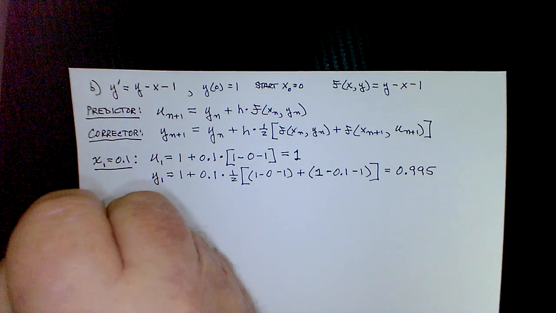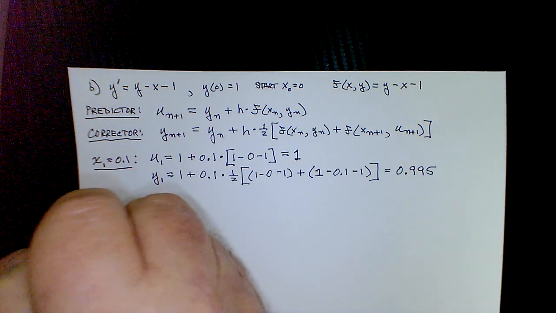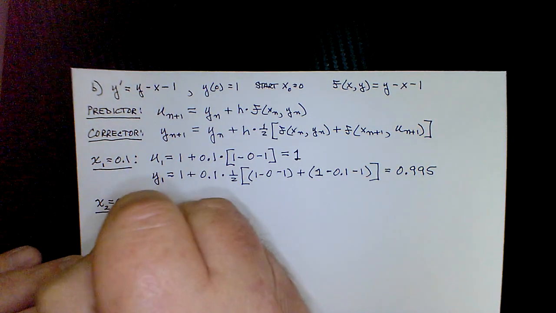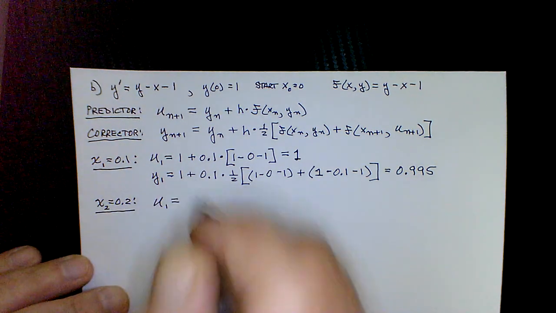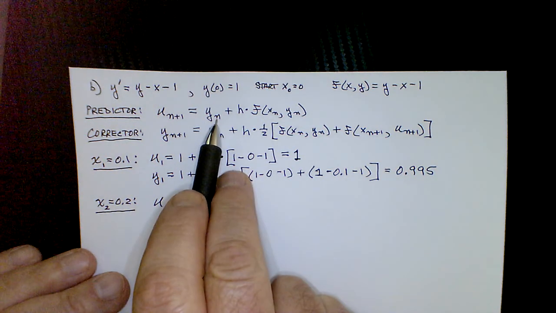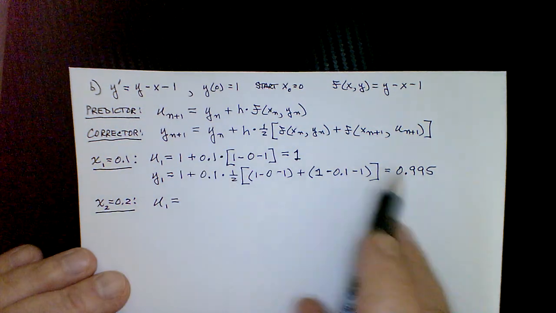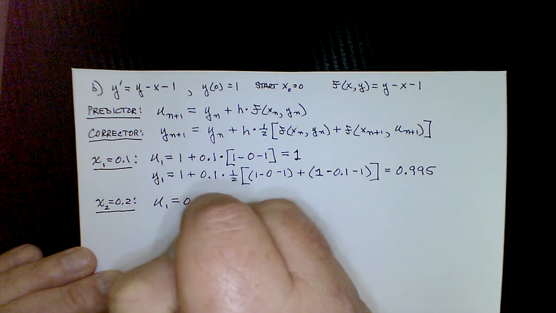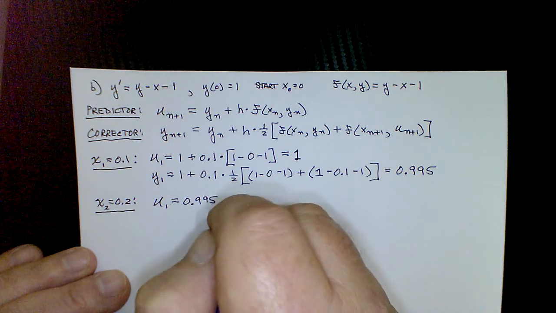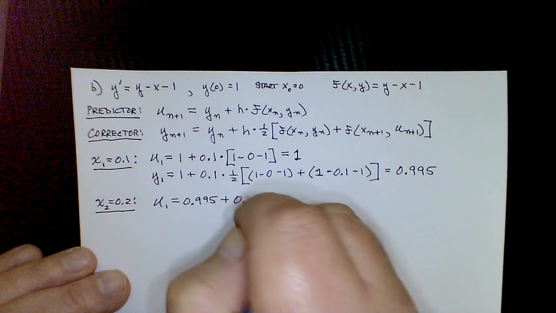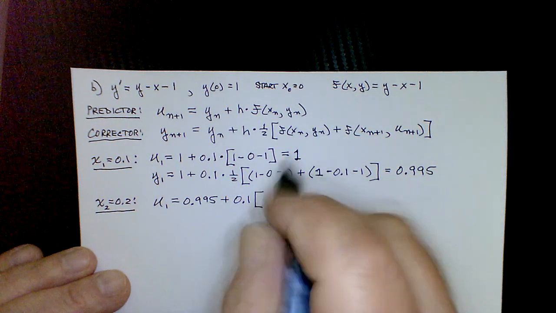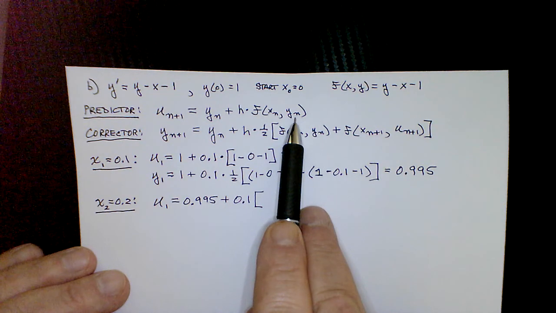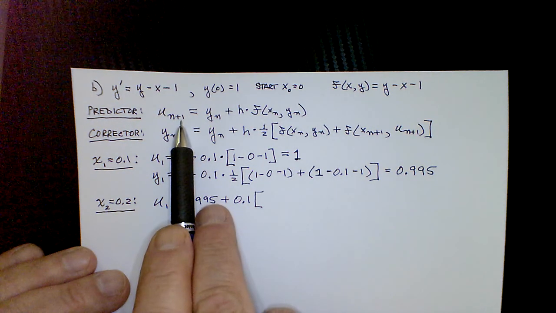Okay, so then we take our next step. So we come up to an x value of 0.2. And the predictor is the previous y value. So now we use our result from the last step, 0.995, and then plus the step size 0.1 times f of x sub n, y sub n, which represents the previous, because we're going to n plus 1.